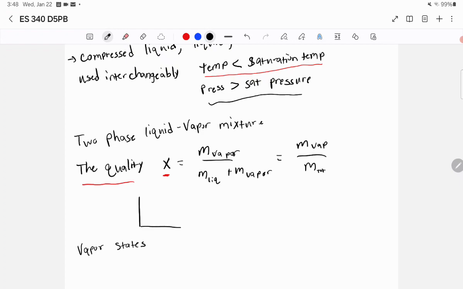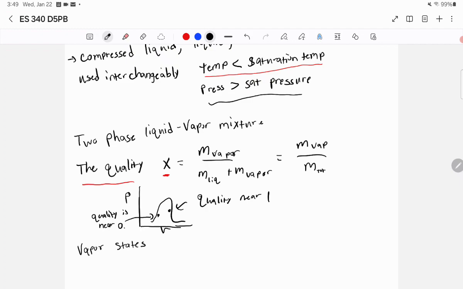We had a curve in both cases, doesn't matter which one we're plotting. Like the PV plot, we had a curve that looks something like this. And if we get over here, then the quality is near 1, and over here the quality is near 0. Okay?